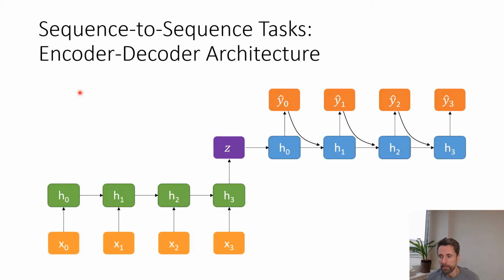Now, something that you should also see in the video that I linked is that one common architecture for sequence-to-sequence tasks is the encoder-decoder architecture. So we can assume that this, for example, could be a German sentence, and we want to generate an English sentence. So we want to translate one language into the other.